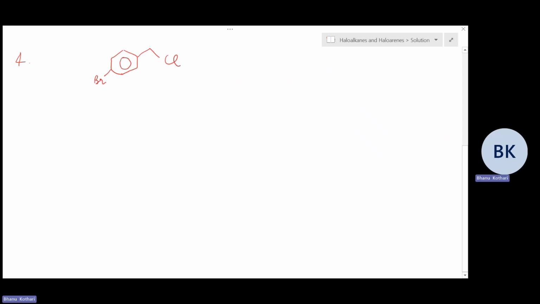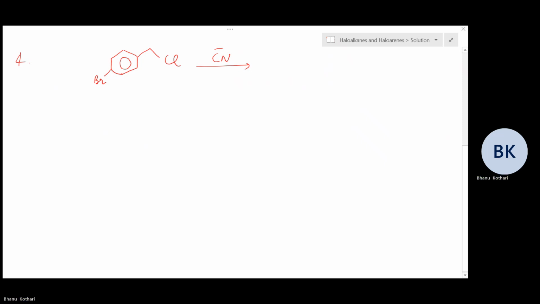So in this particular reaction, with CN minus, the substitution will take place on the benzylic position and not on the phenolic position. This carbon is not prone to substitution, okay, because this C-Br bond has partial double bond character, right?